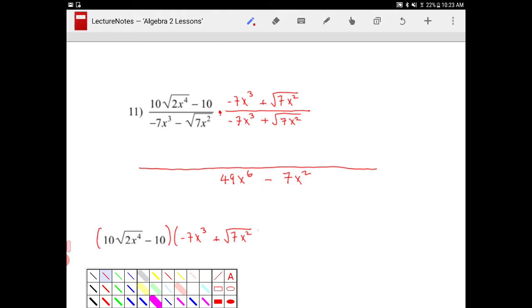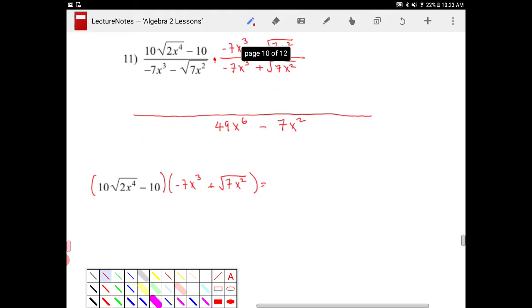So in order for me to multiply that out, negative 7 and 10 makes negative 70x cubed radical 2x to the fourth.